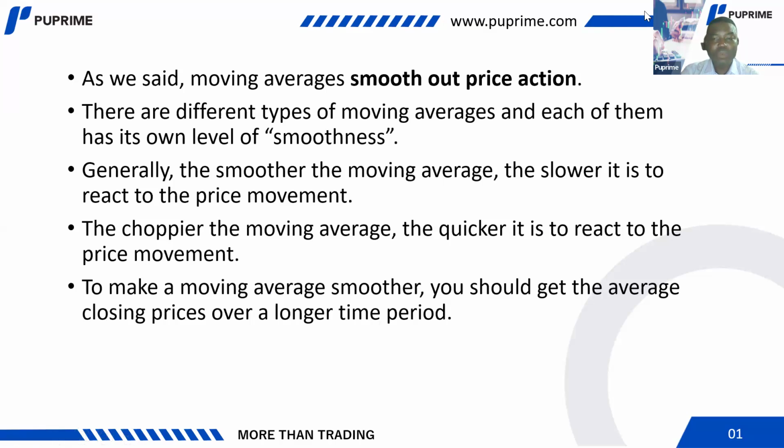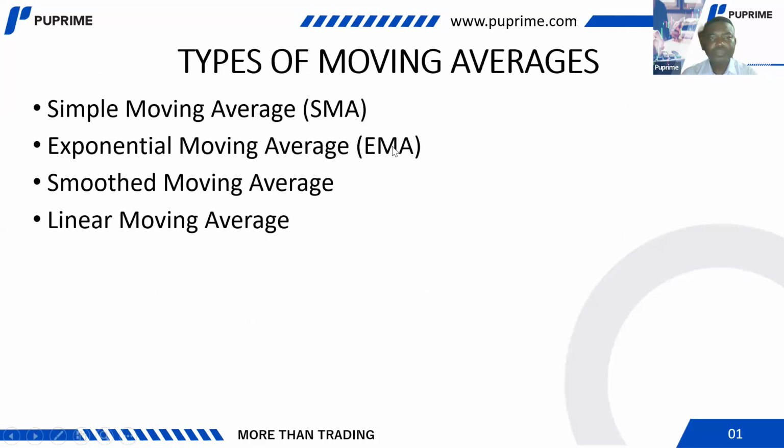The choppier the moving average, the quicker it is to react to the price movement. To make a moving average smoother, you should get the average closing prices over a longer period of time. So in essence, to get the best of these moving averages, it's sometimes better to look at them on a longer period of time, maybe on a higher time frame, to give us a better view of what they can do.